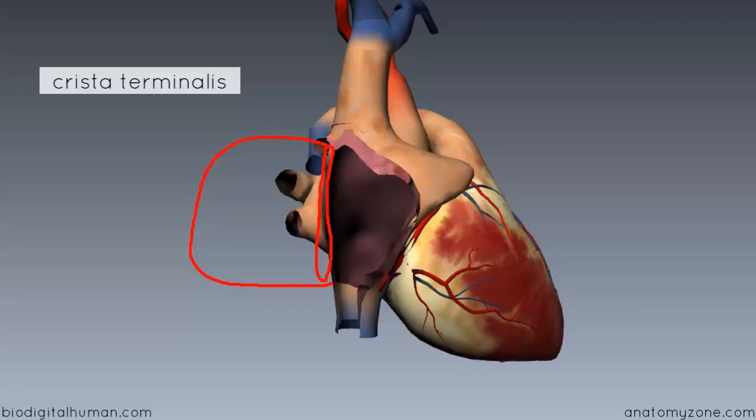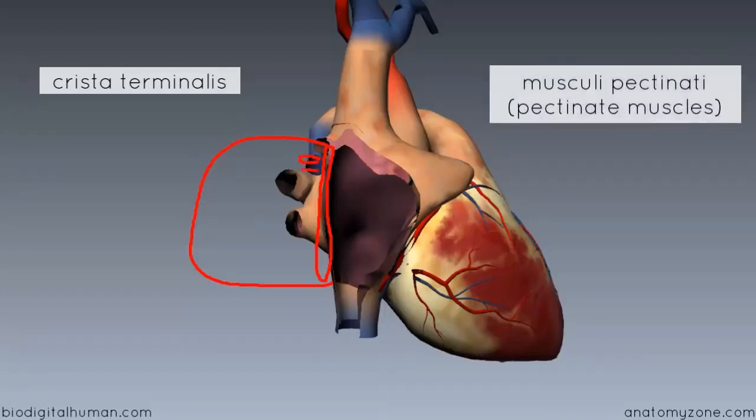muscular ridged wall. On the muscular anterior ridged part, you've got these little muscular ridges called musculi pectinati. I've just drawn them on here, and they're called musculi pectinati, or pectinate muscles. These pectinate muscles extend into this right atrial appendage, or the right auricle.